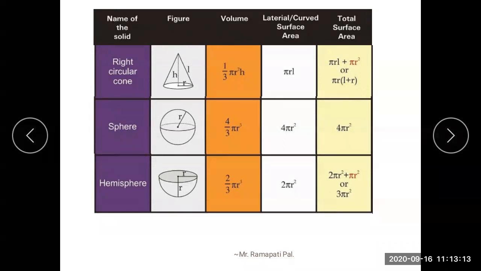Now total surface area of a hemisphere is 3 pi r square. How does this 3 pi r square come? It comes from curved surface area plus area of a circle, that is pi r square. So when we add them, we get 3 pi r square. Is it clear?